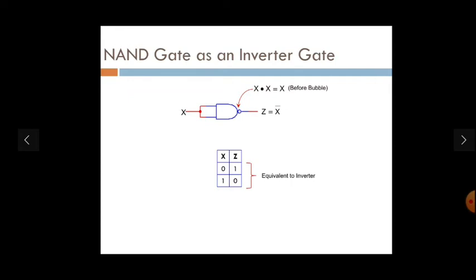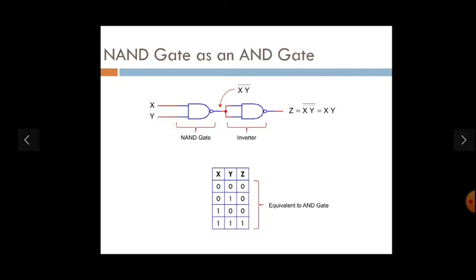Here see the truth table. When X is 0, output Z is 1. When X is 1, output Z is 0. Which is the truth table of NOT gate or inverter gate, right? Which inverts the input.